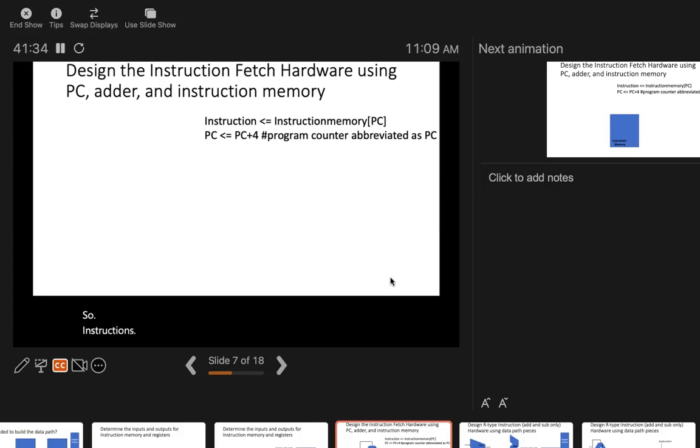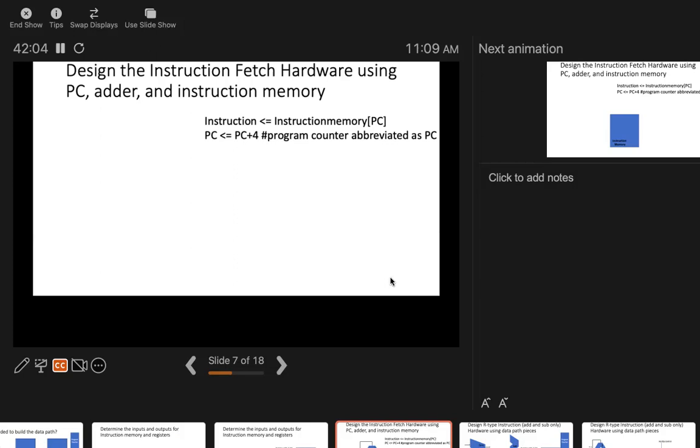The reason is that in order to go to the next instruction, you have to skip 4 bytes. And that's why you still do a +4.